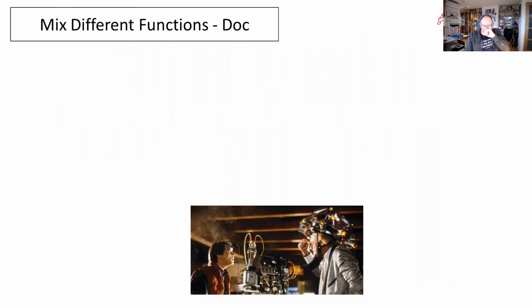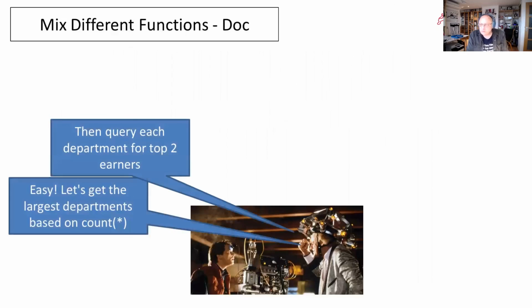Well, first of all, we have to determine which departments are the largest. So we have to do a query again and group by department, and then find out how big they are, and then get the top 3 of those. That isn't too hard. But then for each of the departments, we have to find out which are the top 2 earners.